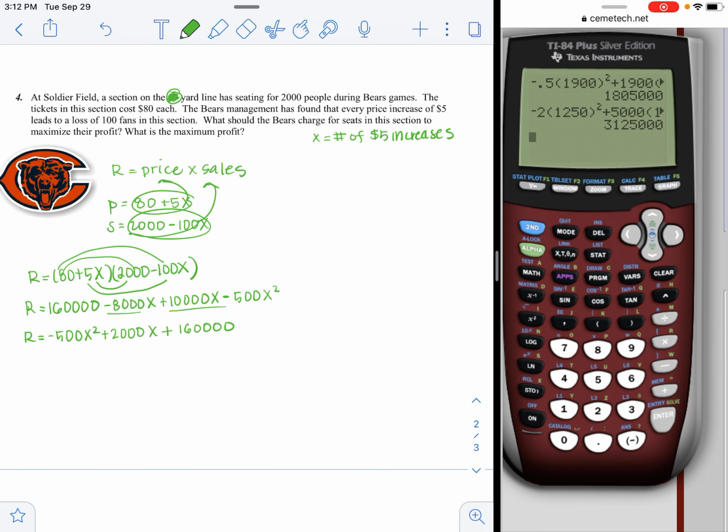Now let's see what it's asking me for because I was so goal-oriented on getting my equation here. What should the Bears charge for the seats in the section to maximize their profit? So I know what they should charge. Okay. And then what's the maximum profit?